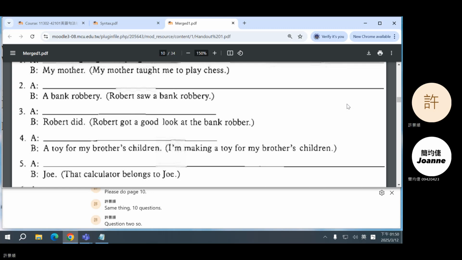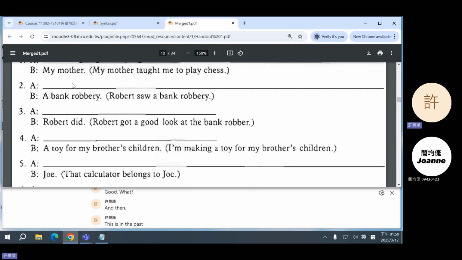Number 2. Okay, so it begins with a thing, right? So what should the question word be? Good. What? And then this is in the past.